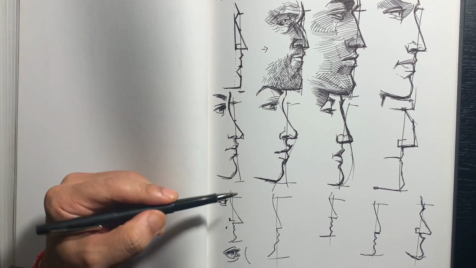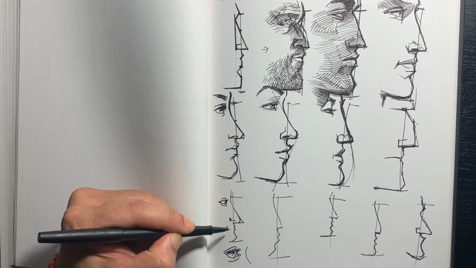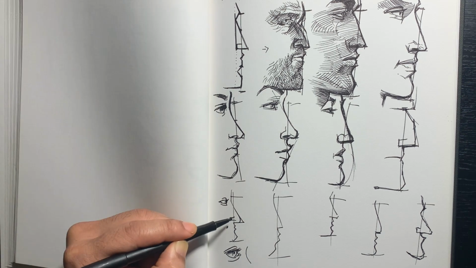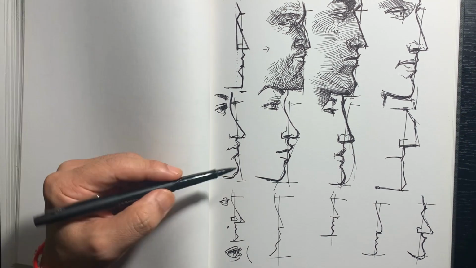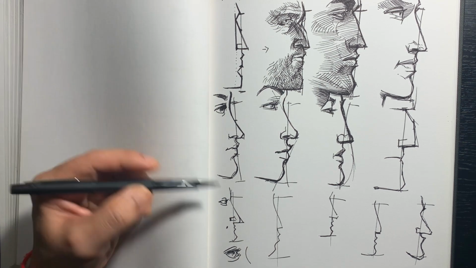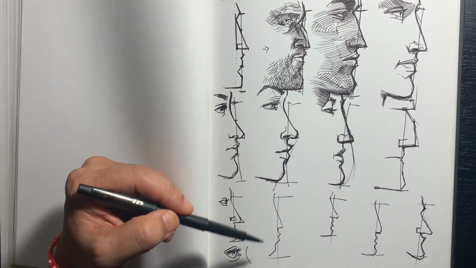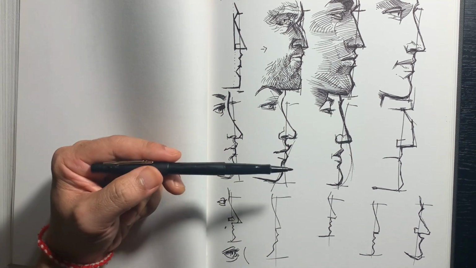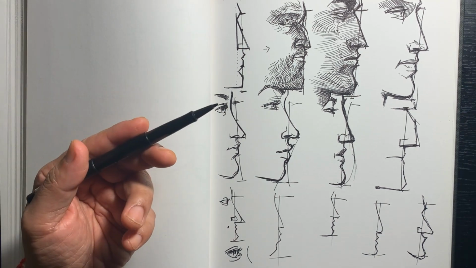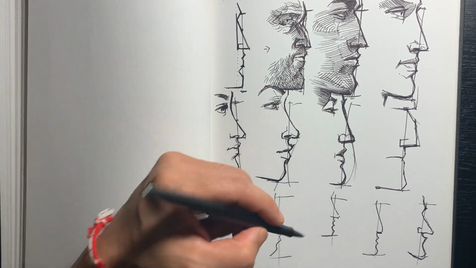So yeah, and then as far as the nose shapes, you can get a lot of different things going on. The other thing is obviously looking at reference is good, but I like to do it this way where I set up this stuff, and then when I look at reference, it just has more of my ideas in it, my imagination, rather than looking too much like the reference.